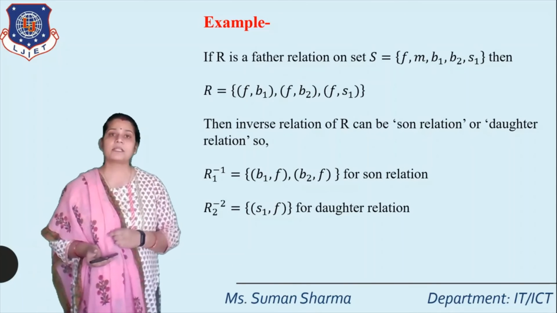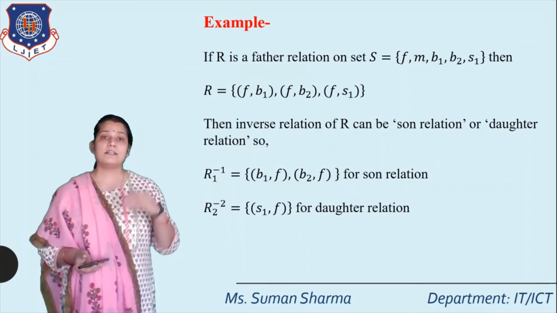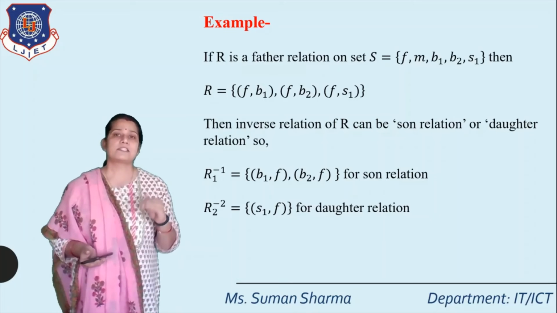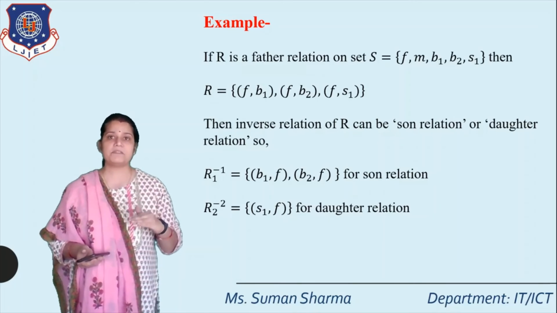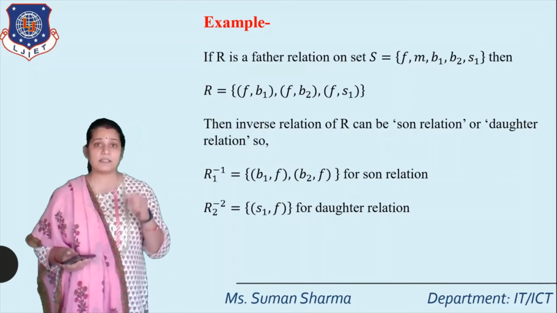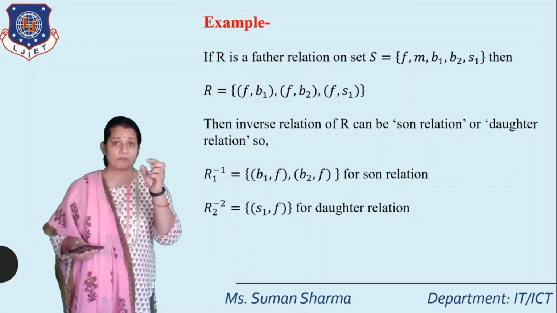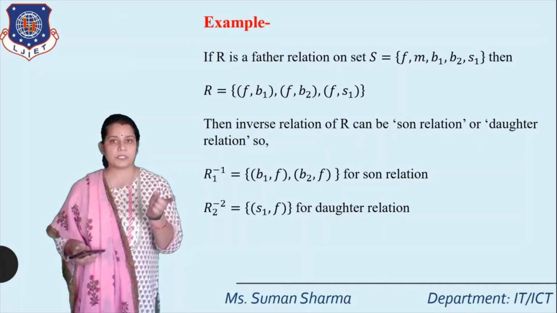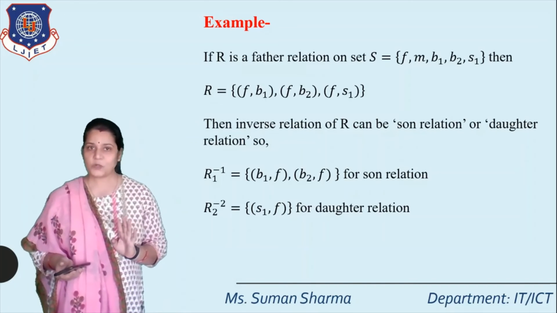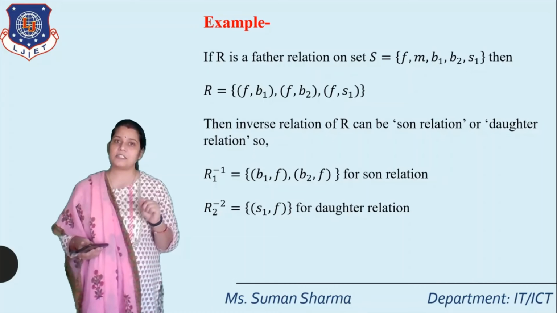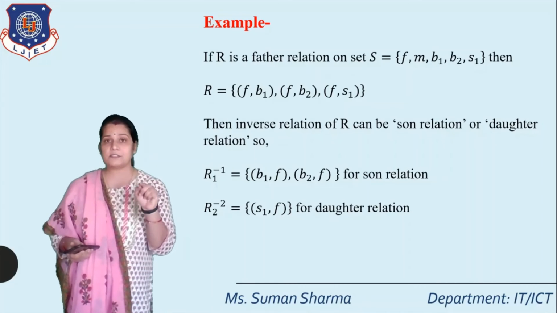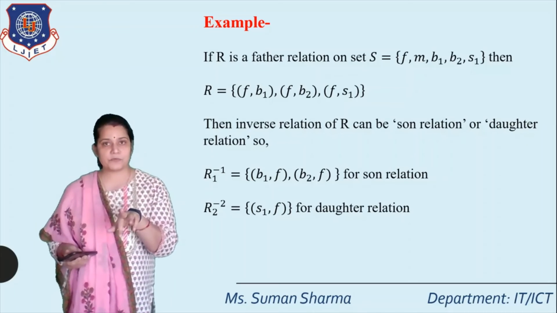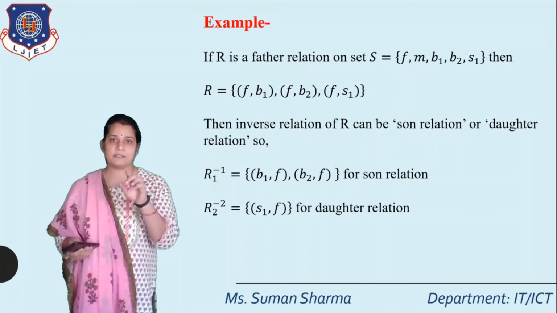Next is an example of the converse relation. So if capital R is a family relation on the set S, and the set S is F, M, B1, B2 and S1. Here small f we consider as father, M as mother, B1 and B2 as brothers, and S1 as sister. Here we are given in the relation F comma B1, that means father to son B1, father to son B2, and father to daughter S1.